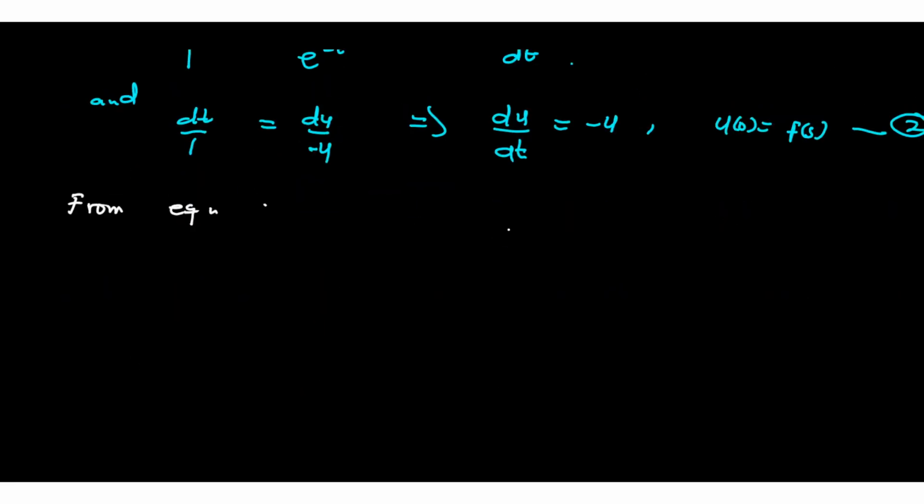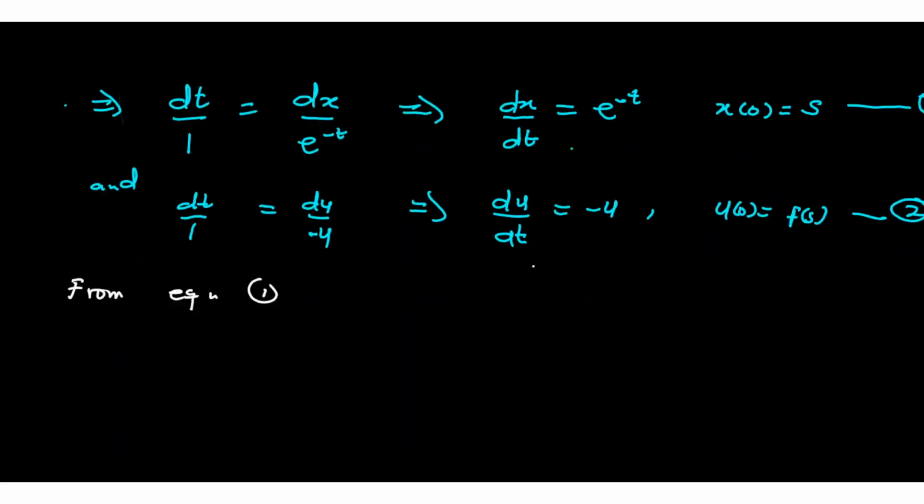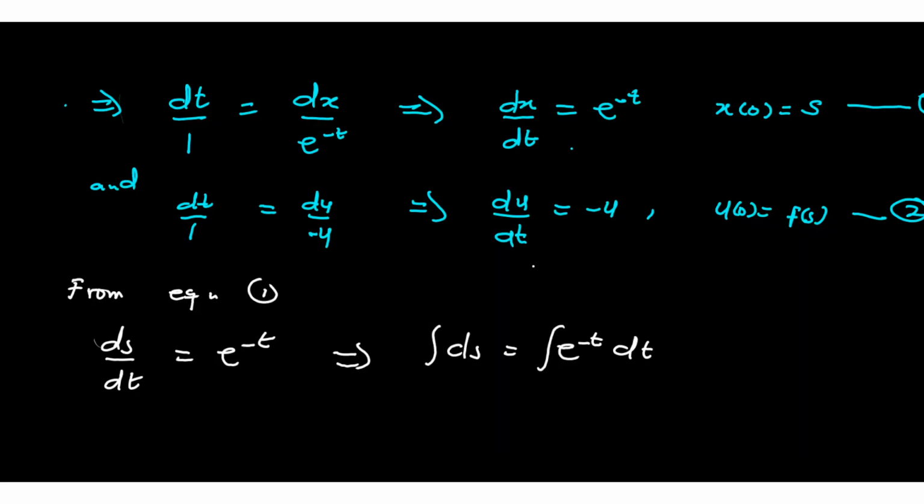From equation 1, we can say that dx/dt is equal to e negative t. We can use separation to solve this, implying that dx is equal to e negative t dt. How do we go about that? We can integrate here and integrate there.